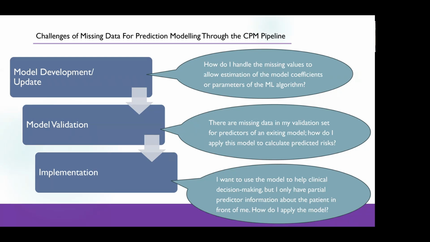Each of those stages presents us with slightly different considerations. The reason I'm presenting it like this is that I'll thread these questions through each stage throughout the entirety of the talk, particularly in the latter stages.